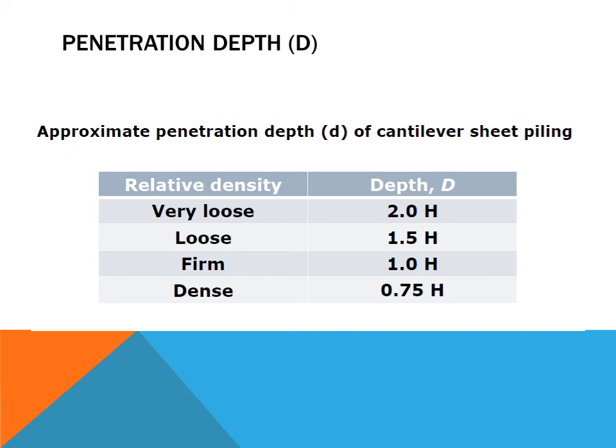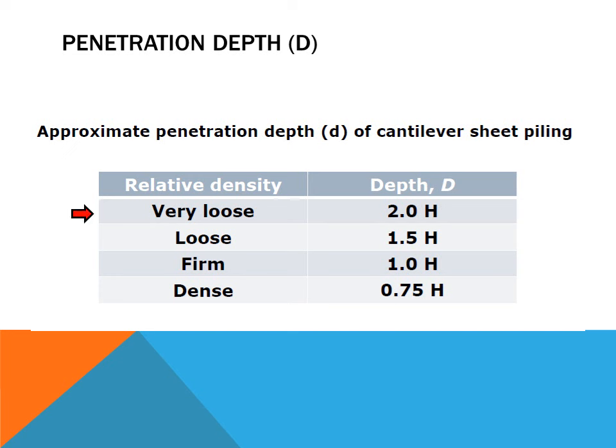So as a rule of thumb, we can also refer to this table to determine the depth of penetration of this cantilever sheet piling. If we have very loose sand or materials, the penetration depth of the cantilever sheet pile should be 2 times the height of the retaining wall.